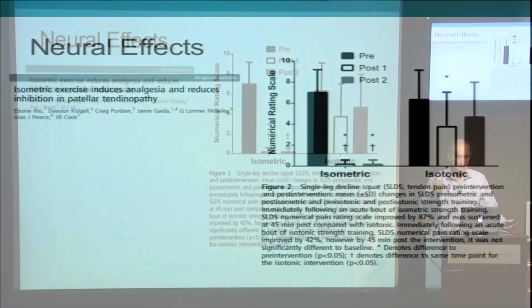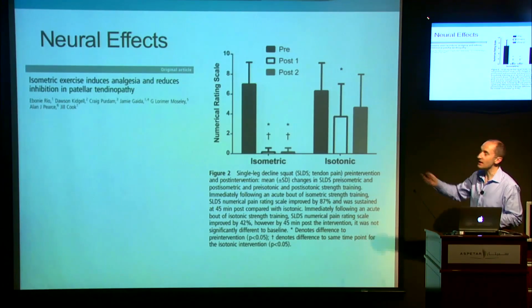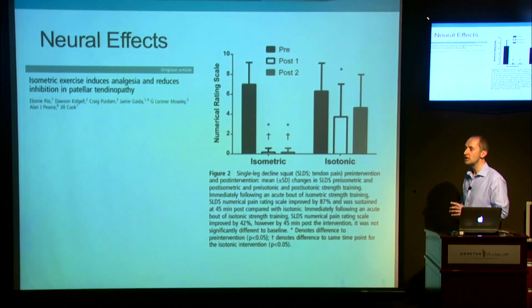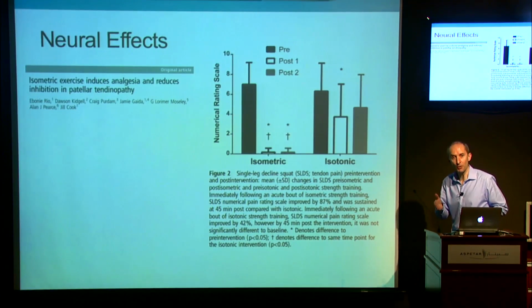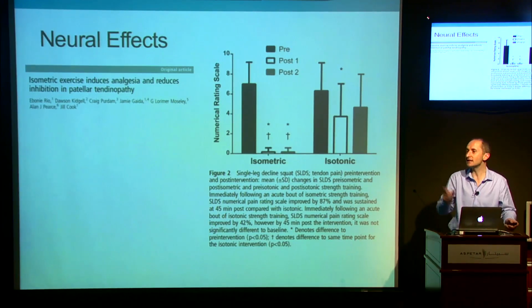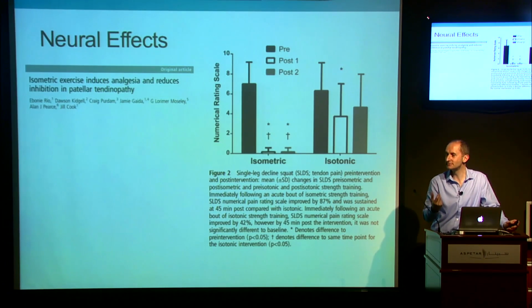Ebonie Rio's work, for example, looking at isometric contractions, induces analgesia and reduces inhibition in tendinopathy. So we're loading for tendinopathy, but the changes that we're experiencing are not at a tissue characteristic level at the tendon, they're happening at a neurophysiological level in terms of analgesia and reduction of inhibition.